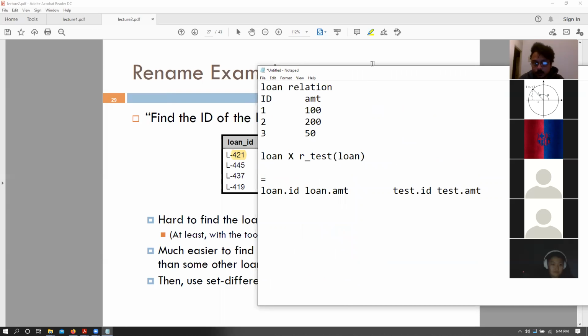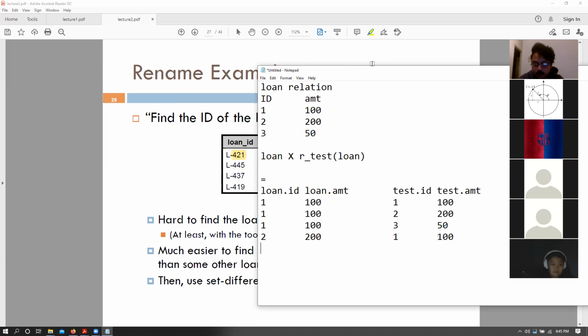So we have loan dot ID 1, loan dot amount 100, test dot ID again 1, test dot amount 100. Then loan dot ID 1, 100, test dot ID 2, for this we have 200. Then 1, 100, 3, 50, 2, 200, 1, 100.